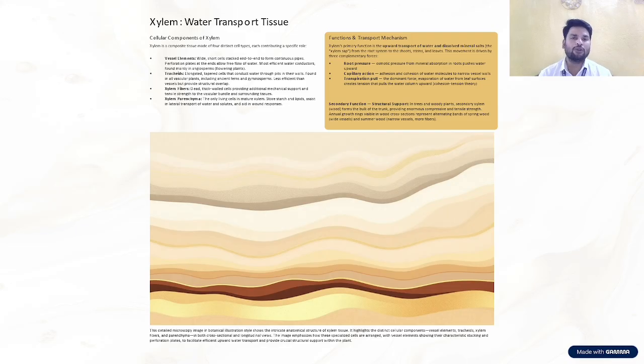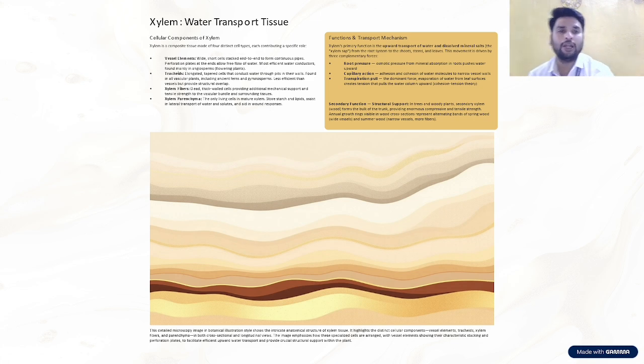So what are the functions of the xylem? Xylem is important for water transport and for dissolved mineral transport, because it transports water from the root to the aerial parts of the plants. This is driven by some complementary forces, like root pressure.